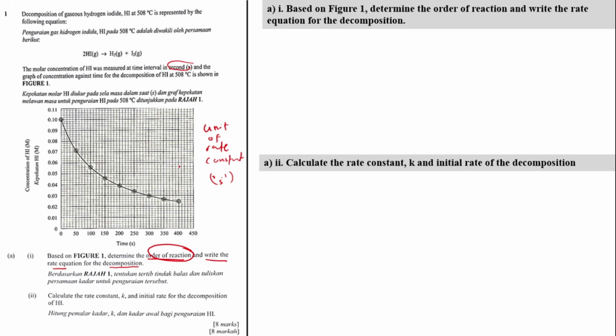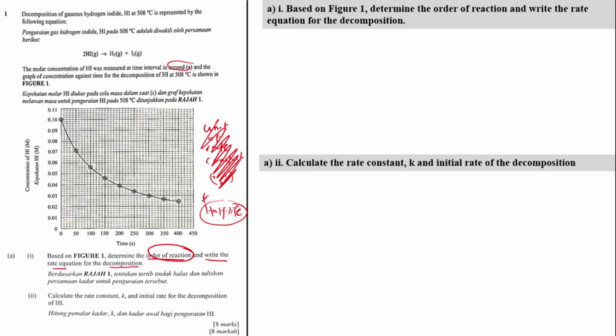So for this reason, we're going to look into another hint, which is the half-life. We can figure it out from the graph that has been given. So the unit of rate constant is not given, so we can ignore that.